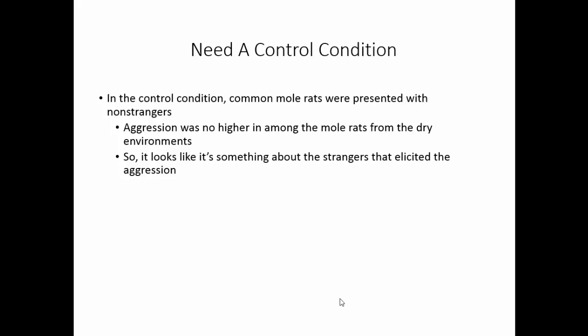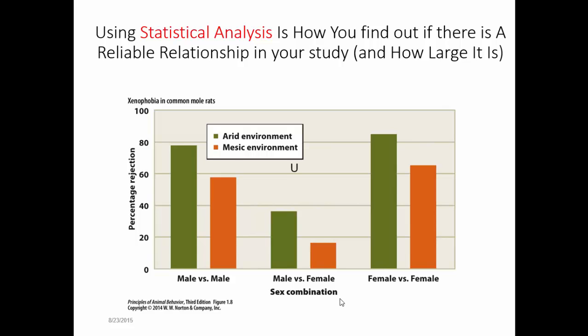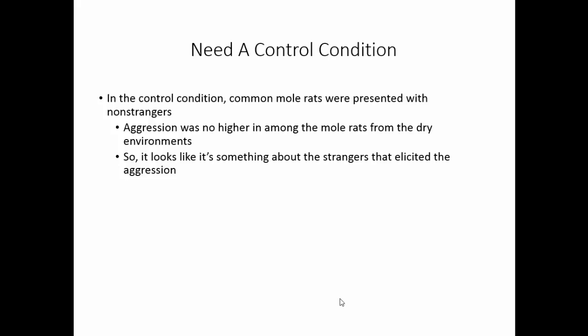In the control condition, in the experiment we just talked about, common mole rats were presented not with a stranger, so every interaction you're seeing here was based on strangers. In the control condition, they were presented with non-strangers, familiar individuals that I guess they knew. They don't talk much, so we can't ask them, but they were familiar with them. They'd been exposed to them before, so they're non-strangers.